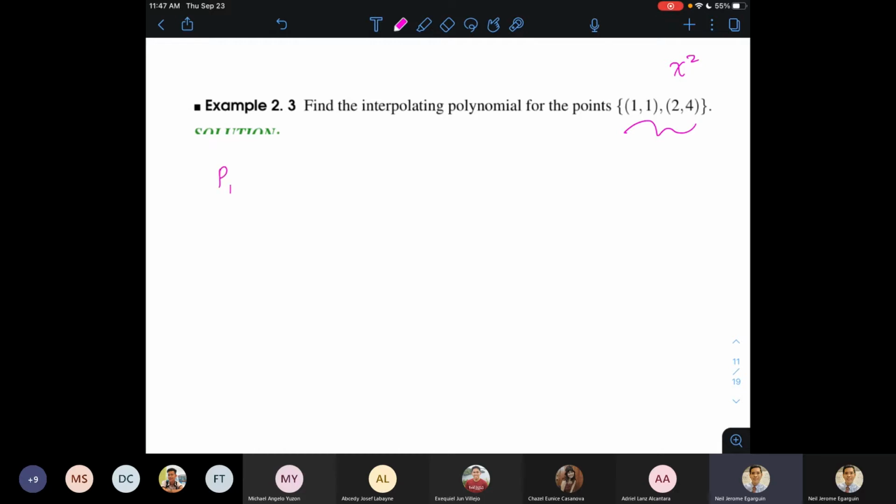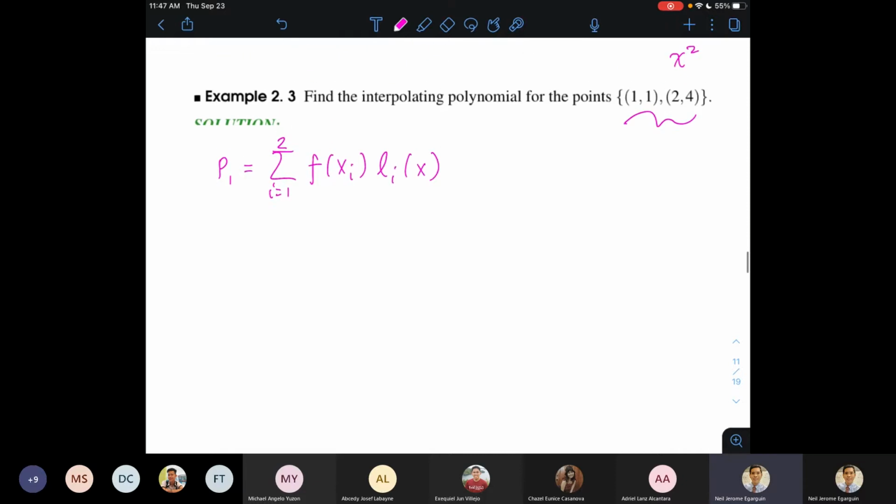So I will have a P1. Tapos, again, siya pa rin ay sum i going from 1 to 2 ng function value times the Lagrange basis polynomial. So if I'll write this down, first function value times Lagrange basis polynomial, which would be 1 degree less than the number of points.